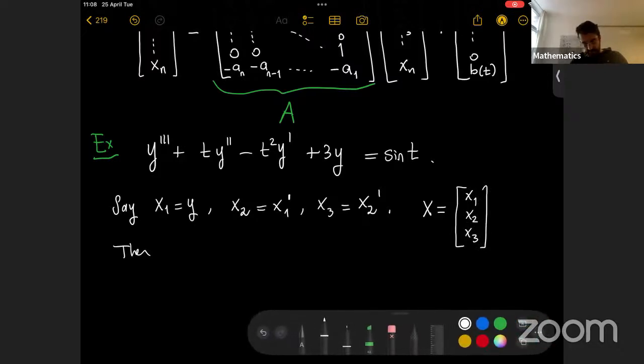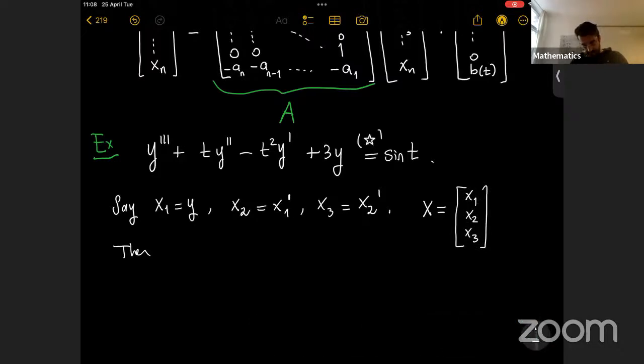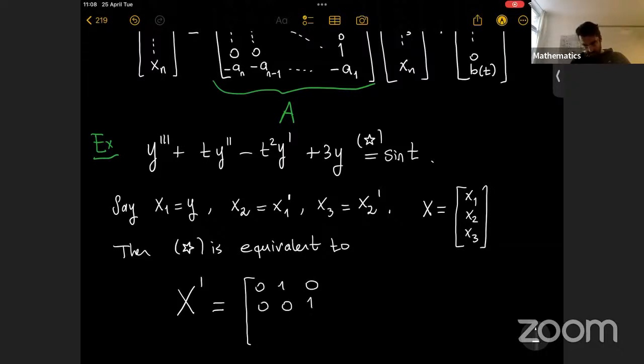So star is equivalent to x prime is equal to, the matrix will be 0, 1, 0, 0, 0, 1, and the last row will be, remember, minus 3, t square and minus t.